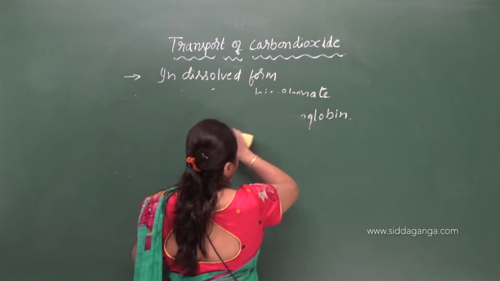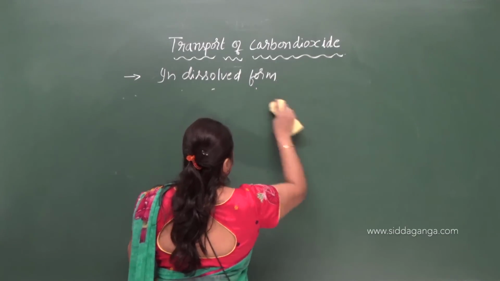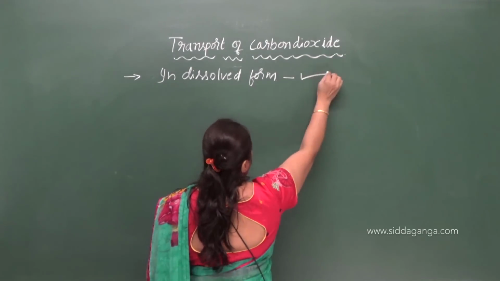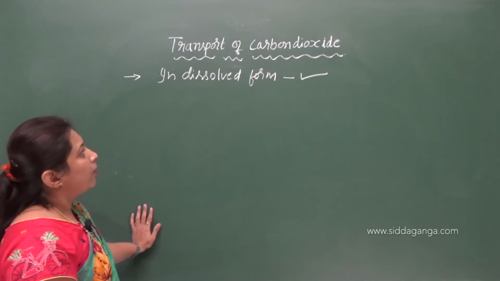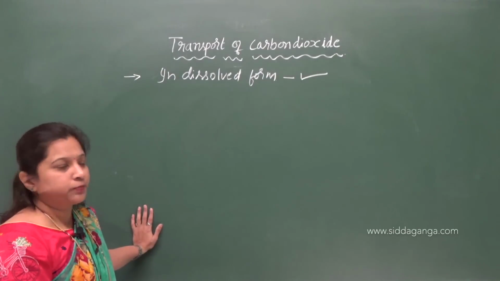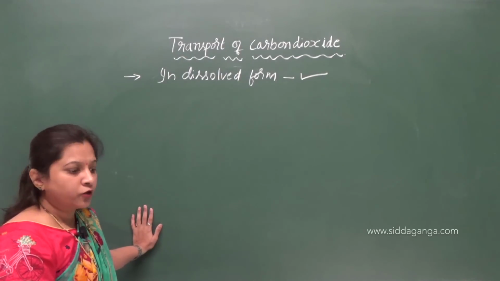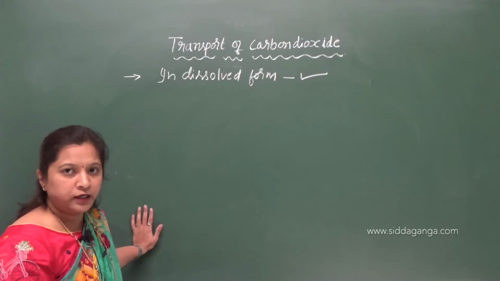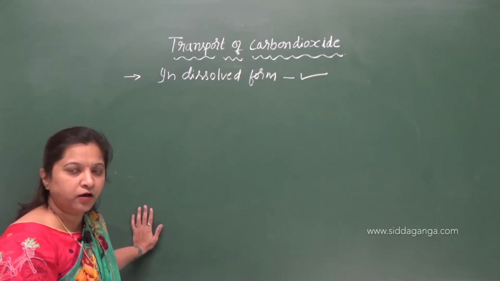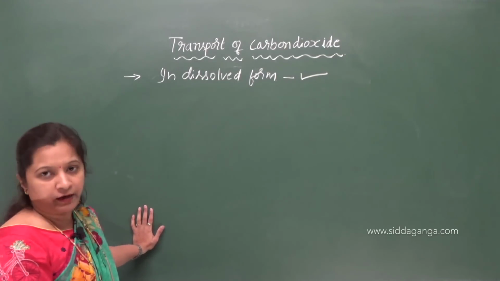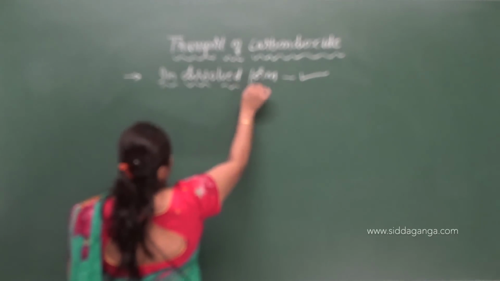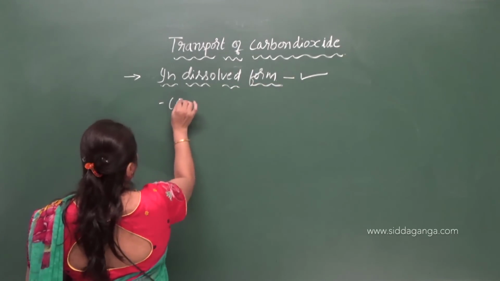Firstly, the carbon dioxide is transported in the dissolved form. How much percent of carbon dioxide is transported in the dissolved form? You know that carbon dioxide is 20 to 25 times more soluble than oxygen. It has high solubility.